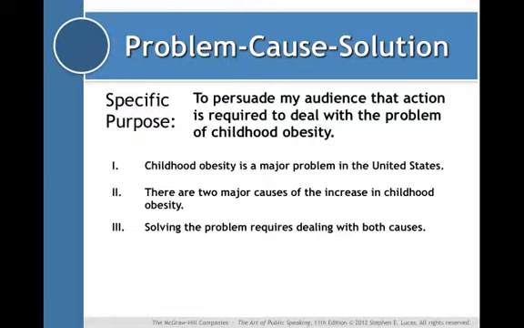And finally, the third main point presents a solution to the problem. In this example, the solution probably requires making changes to children's activity levels and diets. But without that second main point, it may not be easy for the audience to see how that solution is going to fix the problem. Usually, solutions deal with causes of the problem. So once you understand the cause, it's easier for the audience to see how the solution is going to work.